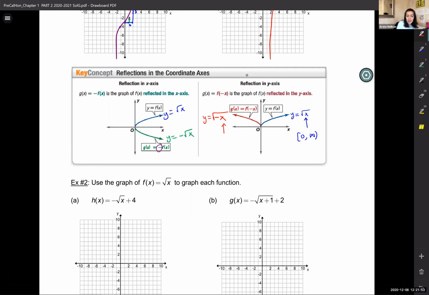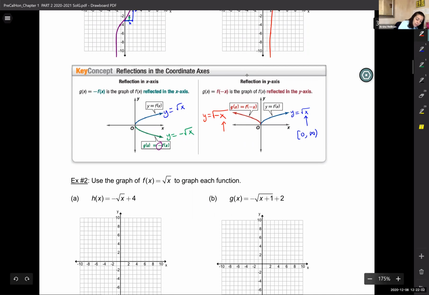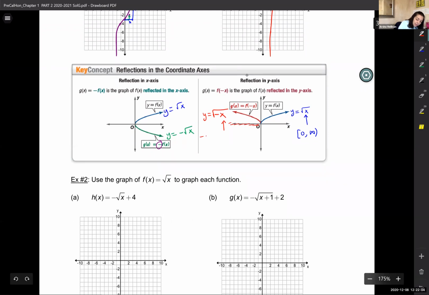Can I put in positive numbers now? No, only negative numbers, right? So now this only works for these negative numbers, right? So that's how it translates to the left.